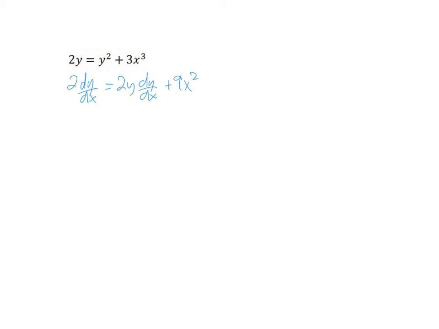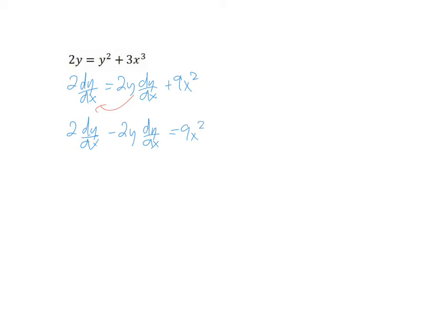So you can see, the only thing that's a little bit more difficult with this is we get 2 dy/dx's. So just like you do with anything else in math, we want to common factor those out. So let's rewrite it where we bring this one to the other side. So we'd have 2 dy/dx, take away 2y dy/dx, that's equal to 9x squared.